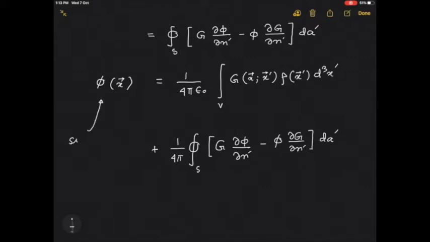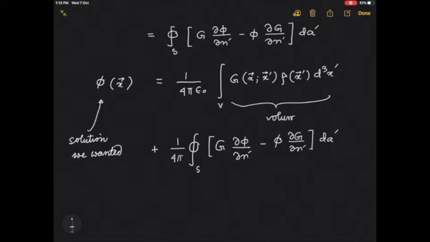Right? Left hand side is the solution we wanted. In the right hand side, let's see what we have.